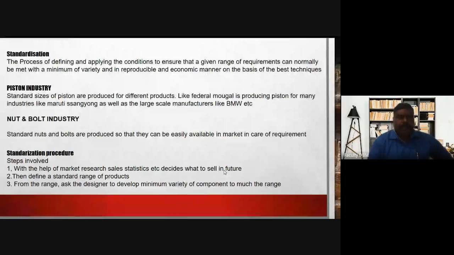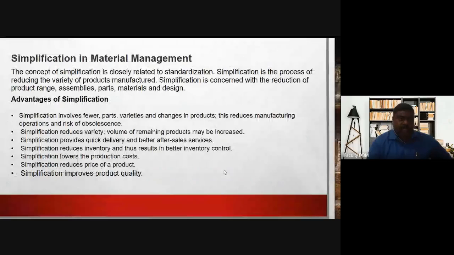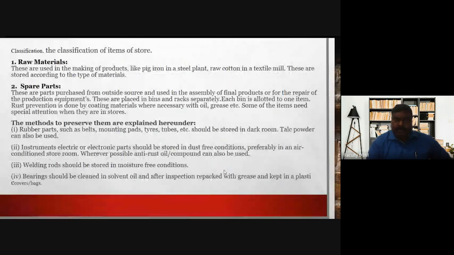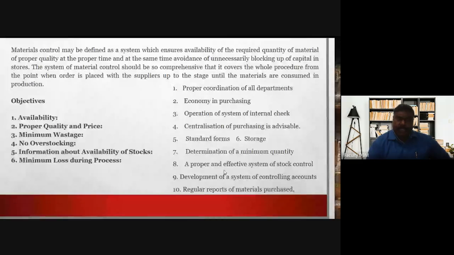In today's class, one topic is materials control, how we have to control the materials. The objectives are availability, proper quality and price, minimum wastage and no overstocking, information on availability of stock, and minimum loss during the process.